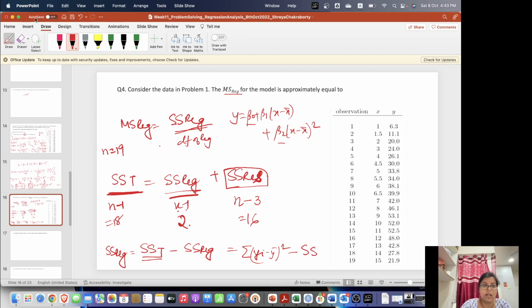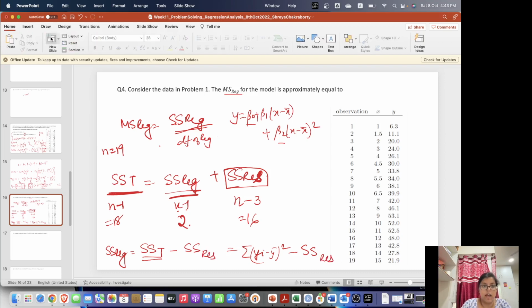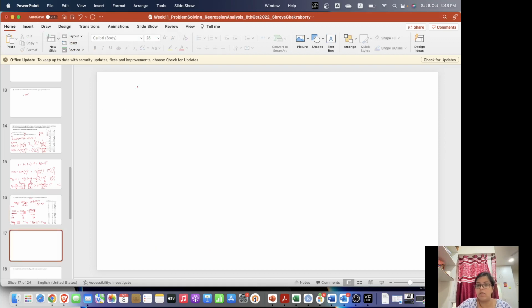Yeah, one second, I wrote this incorrectly. Yeah, this is SS residual. I remember SS residual more carefully, so I will use this approach frequently. So SS residual is nothing but y prime y minus beta hat transpose x prime y.